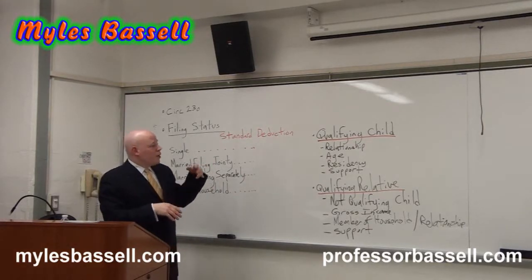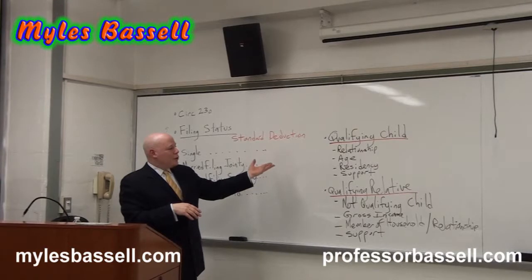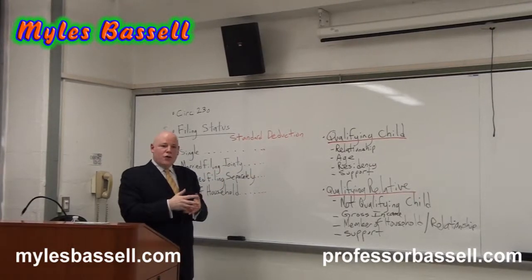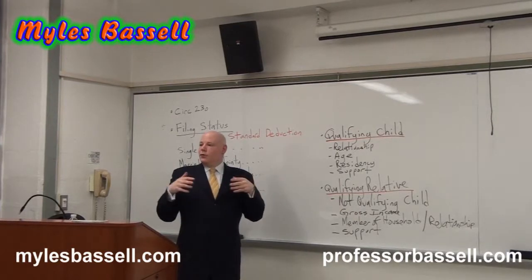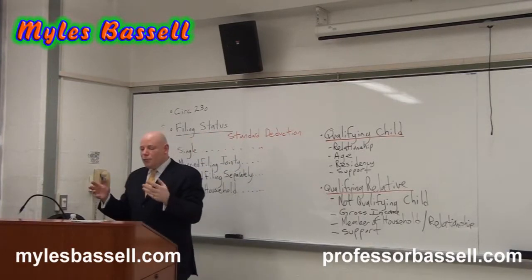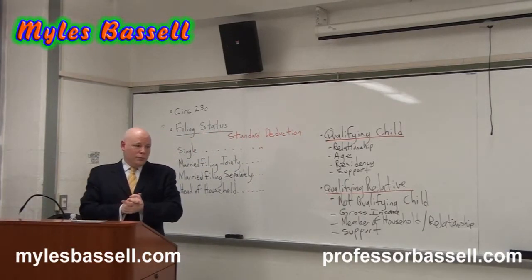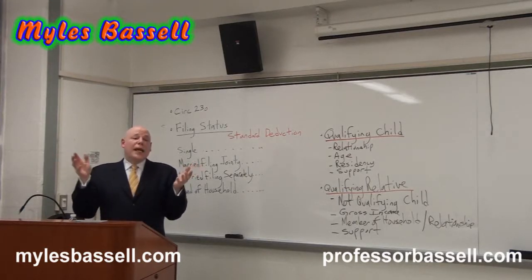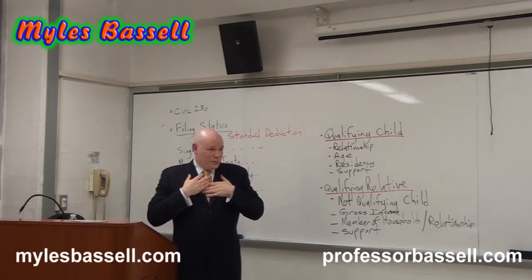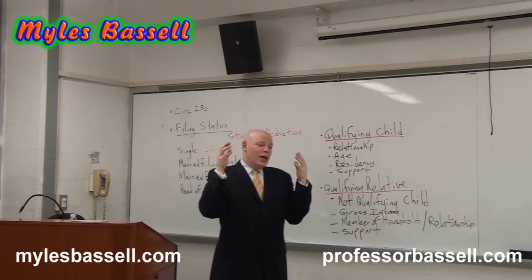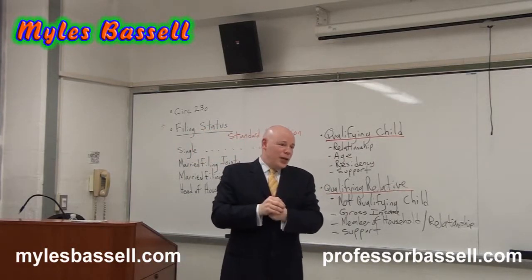And then when we talk about claiming a dependent, what are the conditions for somebody to be our dependent? So can I take Tanya as my dependent? Or could I take Camilla as my dependent?